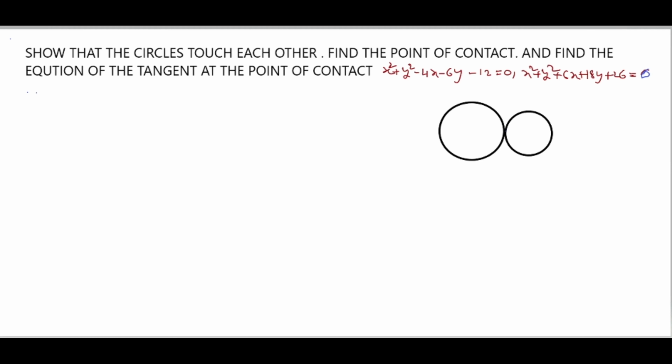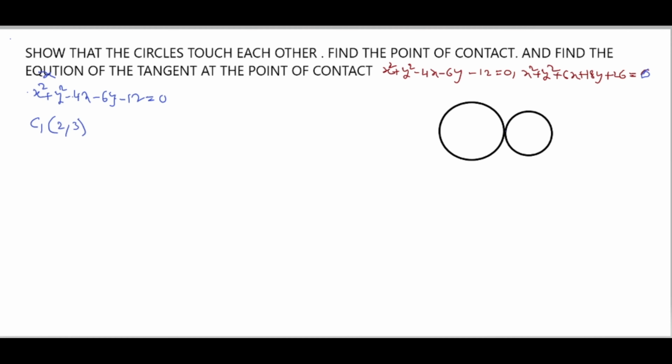Now we find the center of the first circle, that is, the circle equation is x square plus y square minus 4x minus 6y minus 12 is equal to 0. So the center of the first circle is denoted by C1, that is the coefficient of x is -4, dividing by -2, that is 2, and the coefficient of y is -6, dividing by -2, that is 3.